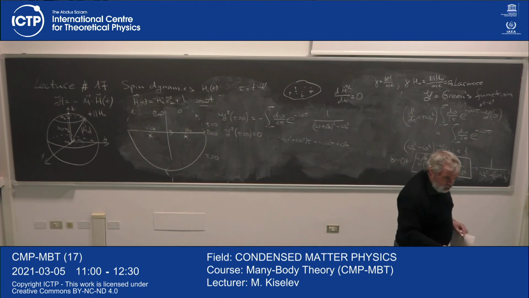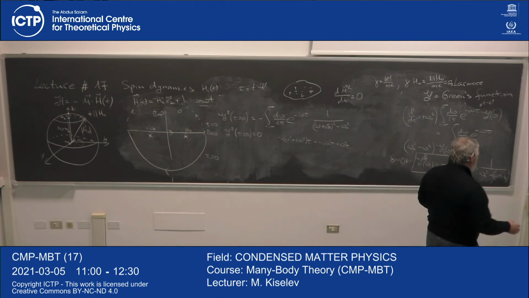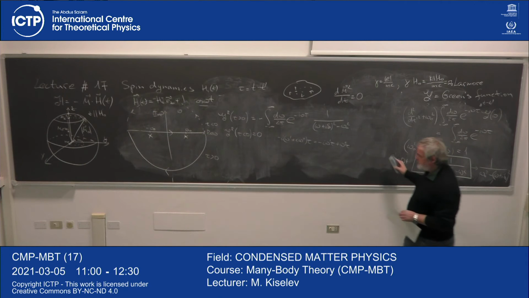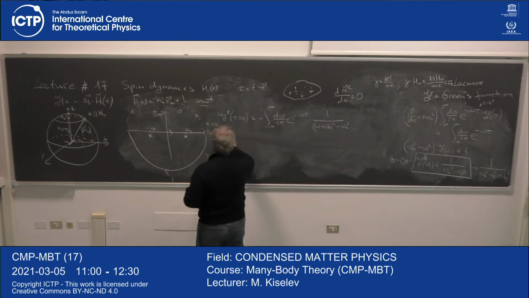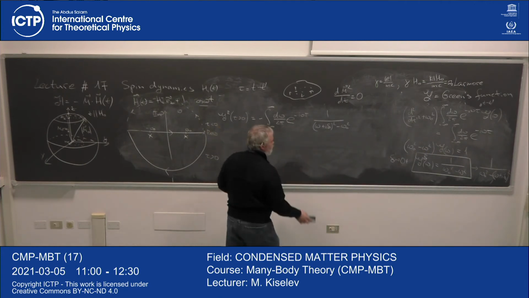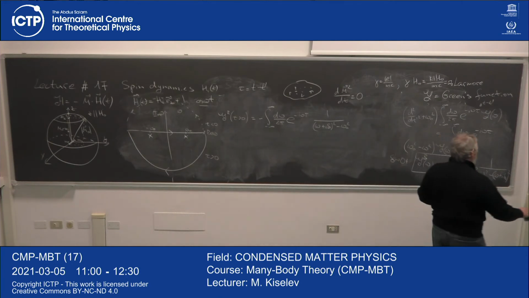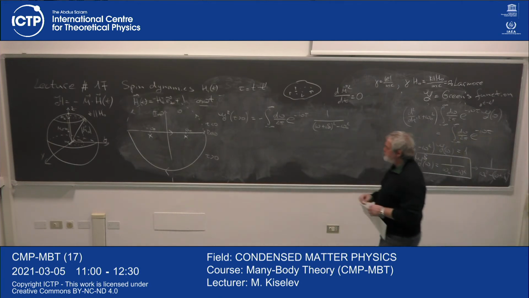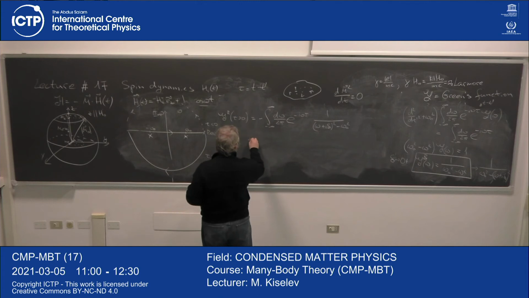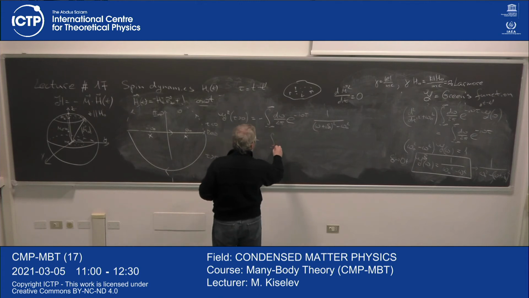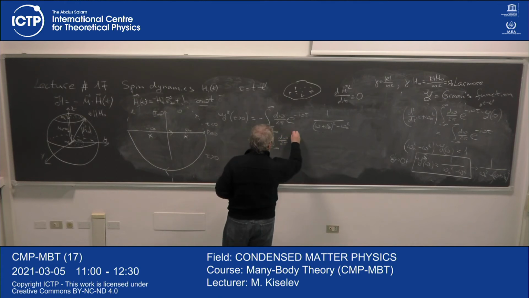I hope you understand what I'm doing, and I know with Professor Selita you did many contour integrals, so you should understand how to work in the complex plane. So this is minus the integral from minus infinity to infinity, d omega over 2 pi.